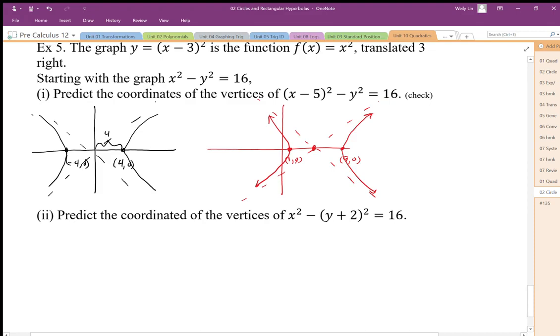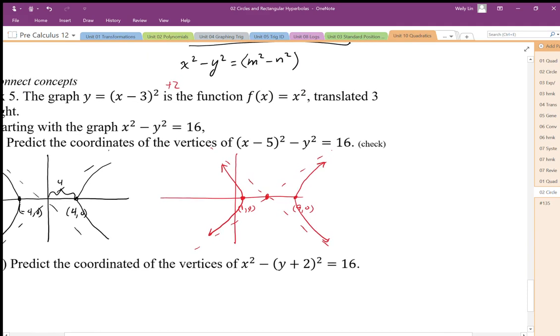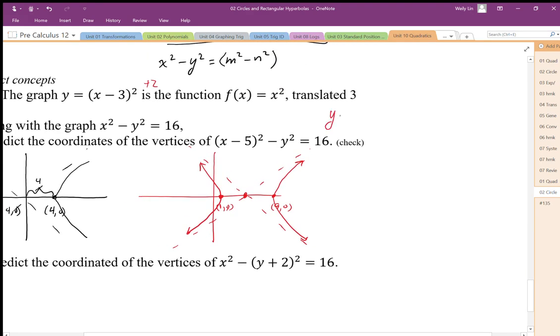Well, this y now is not on the other side of the equation of y. So if I did plus 2 here, and maybe I'm going to write this out a little bit more clearly, if I have y equals x squared plus 2, that definitely is up 2. But this plus 2 is not on the other side. It's with the y.